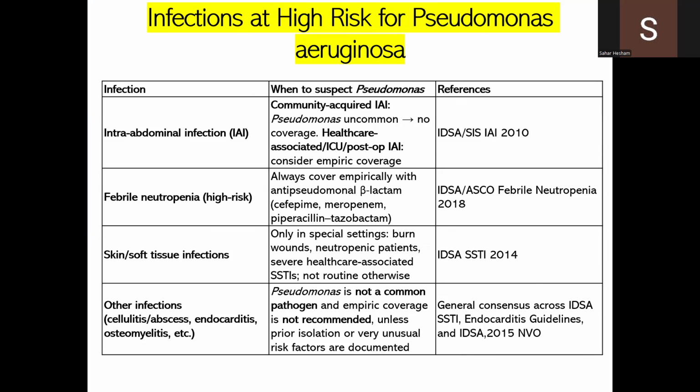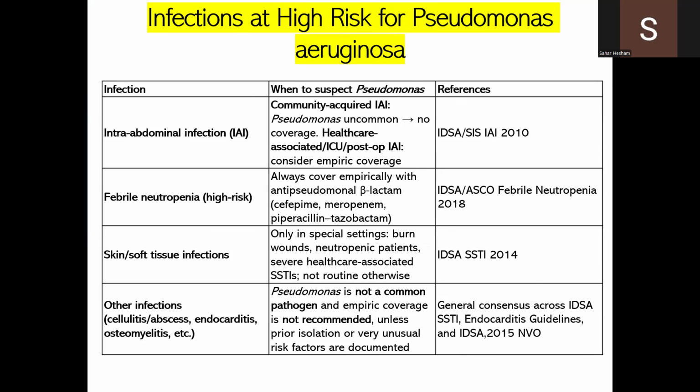This is a very important point to be addressed. Not in all infections where we use anti-pseudomonal agents do we focus on Pseudomonas. No, we are focusing on gram-negative bacteria, and we use them in order to cover a wide range of gram-negative bacteria.